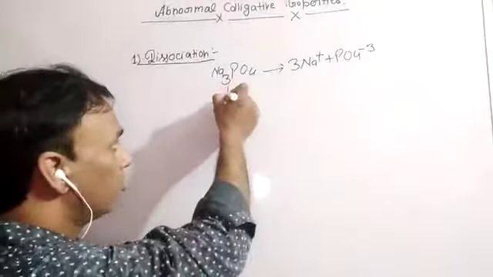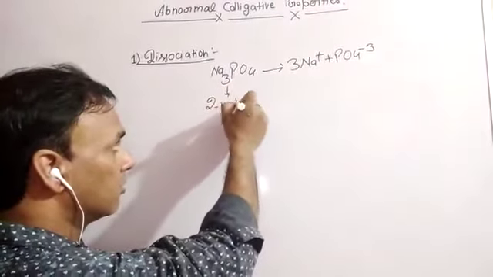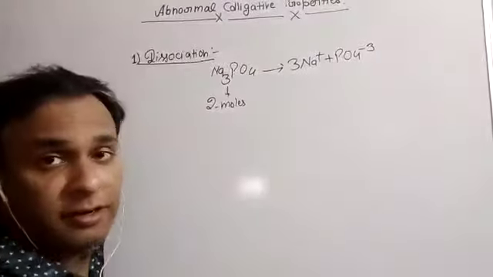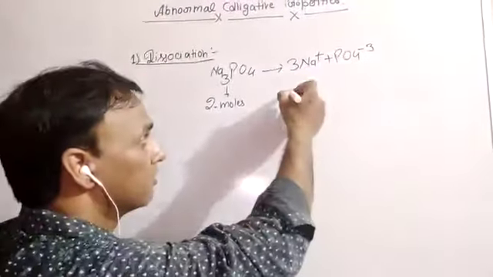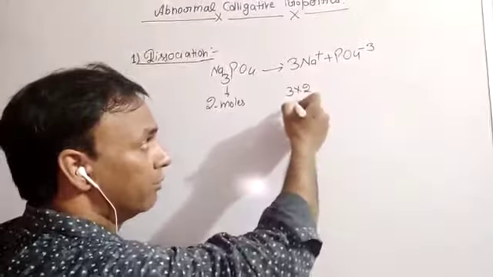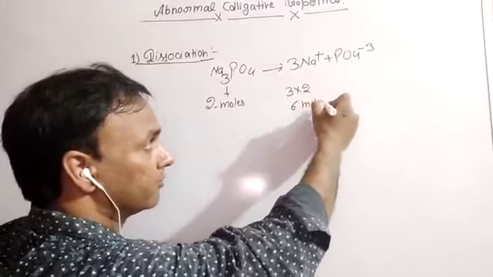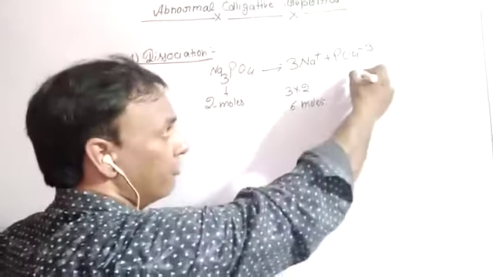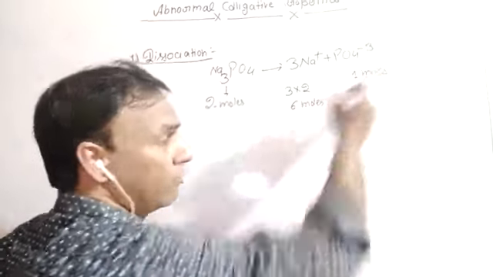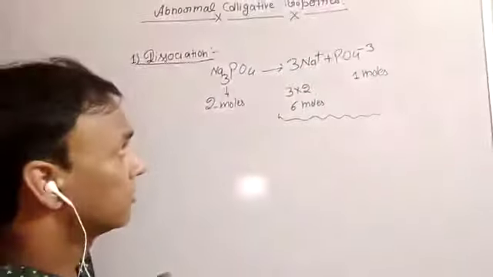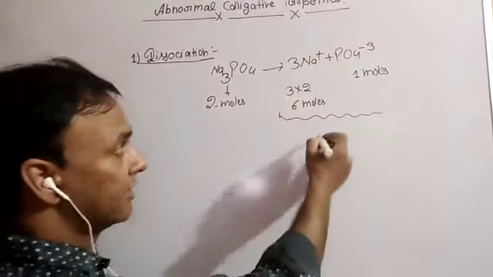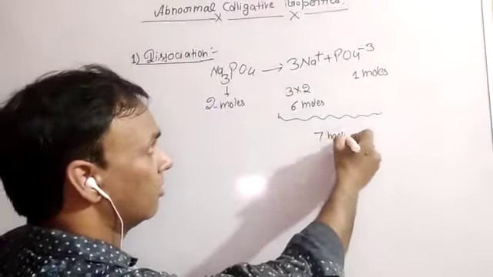Suppose that 2 moles of sodium phosphate is taken in aqueous solution and gets ionized, it forms 3 into 2, meaning 6 moles of sodium ions, and 2 moles of phosphate ion, so the total is 8 moles of ions.